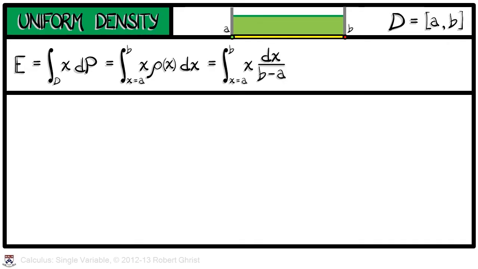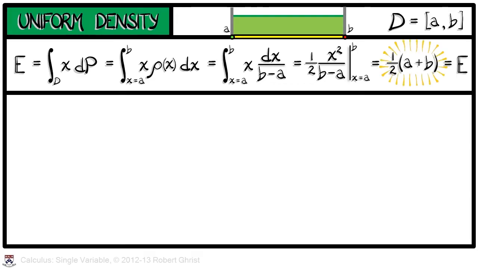Rho of x being simply 1 over the length, b minus a, gives us a very simple integral. When we evaluate it and do a little bit of algebra, you won't be surprised to find that the expectation is one half times a plus b. The average value is right in the middle of the domain.